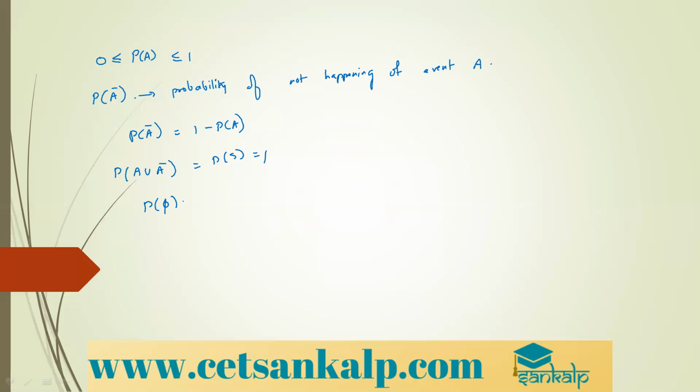Probability of empty set is 0. Probability of A intersection B will be probability of A times probability of B, if A and B are independent events.